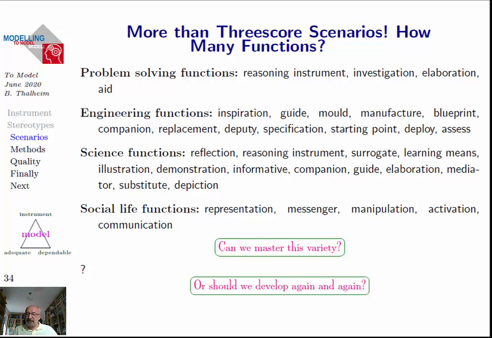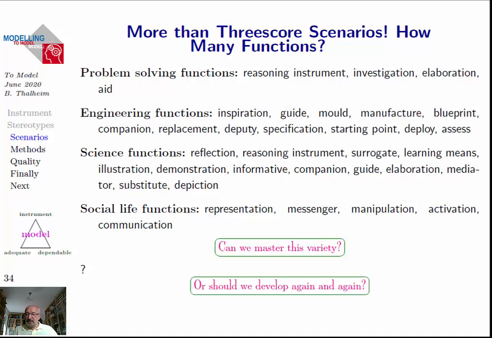One is the reflection function, the other one is the engineering function, the sense-making functions, and maybe the social life functions. And then we have a pretty large set of different functions. Oh my goodness. If we count properly, then we have maybe more than 30 different scenarios to consider.